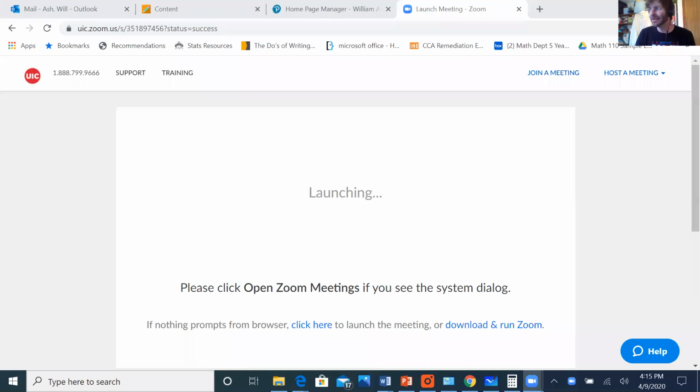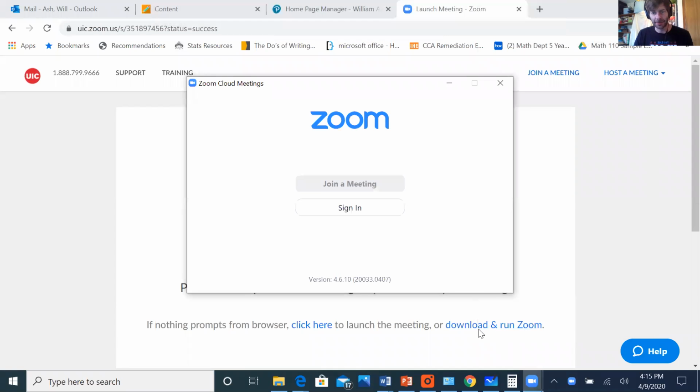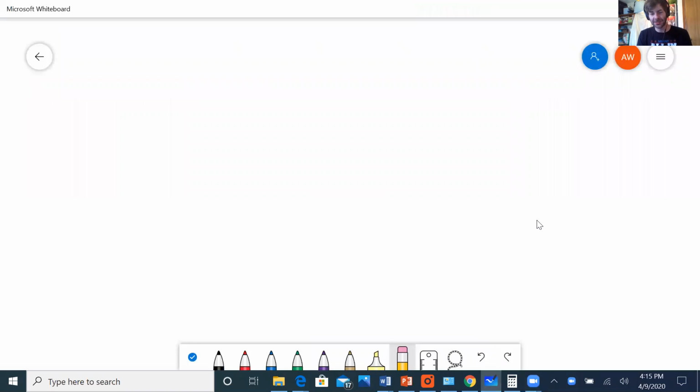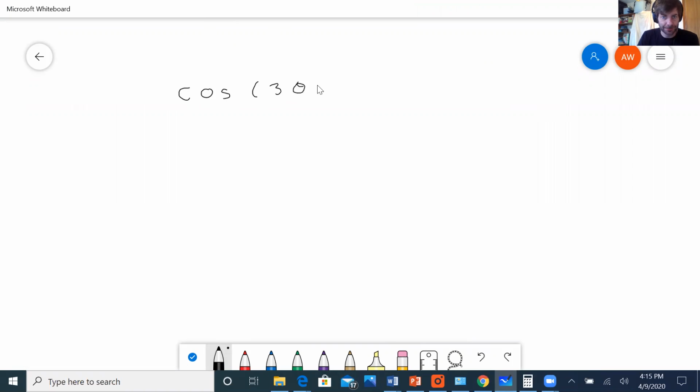I got your question, and the one thing I didn't necessarily know was where this thing had to be solved. Here's what I mean. We have cosine of 3 theta plus pi over 6 equals 1 over root 2.